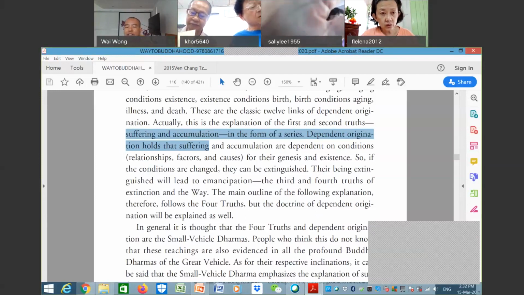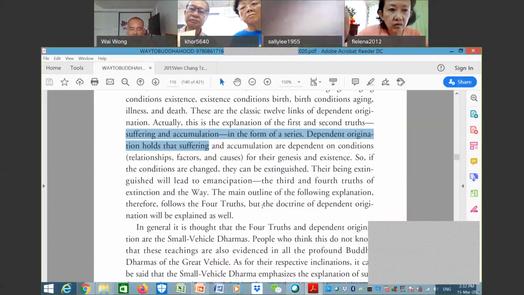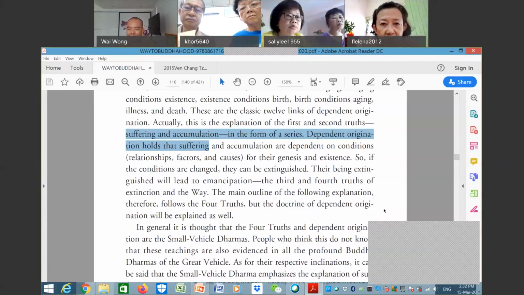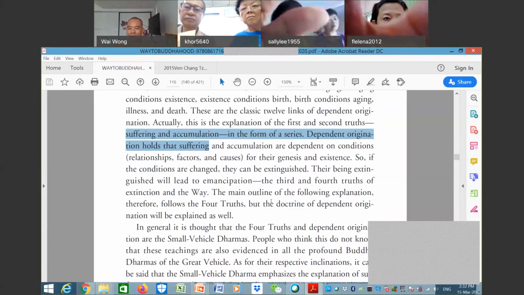Okay, Elena, please turn off the mic. I think the sound system is not that good. Maybe the Wi-Fi is not that nice. How to turn off the mic, Elena? I don't see the icon.